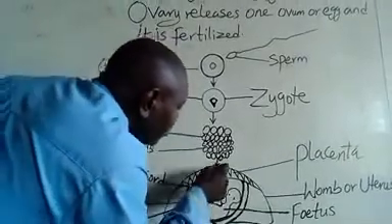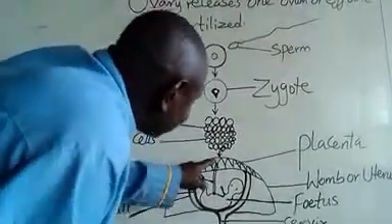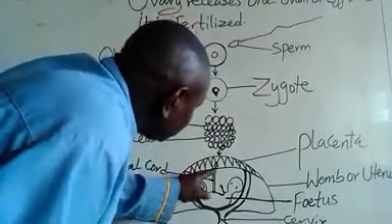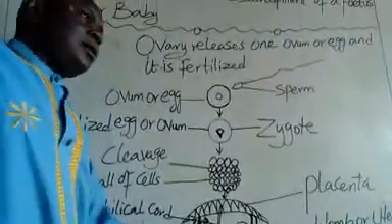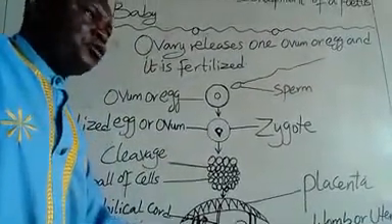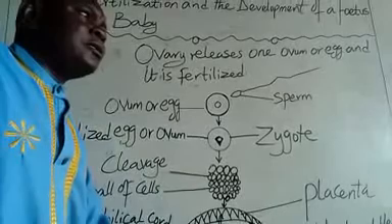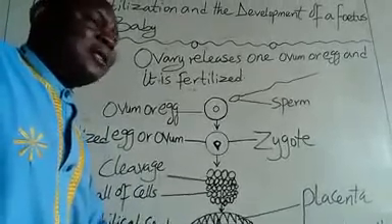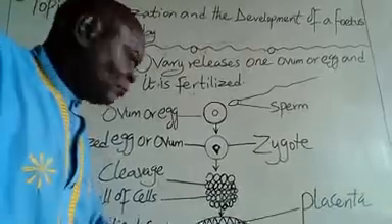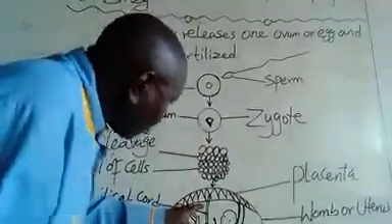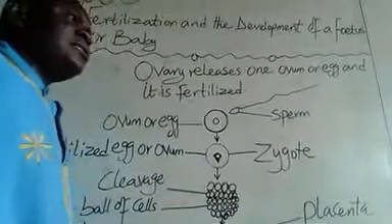The food moves from the placenta through this umbilical cord down to the fetal blood, down to the baby's blood, down to the body of the baby.